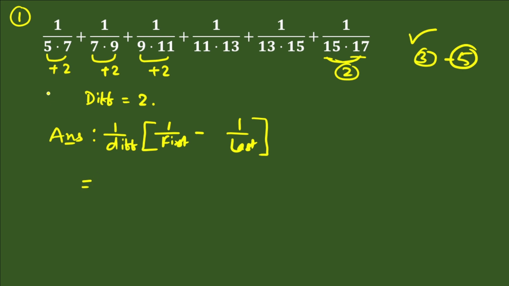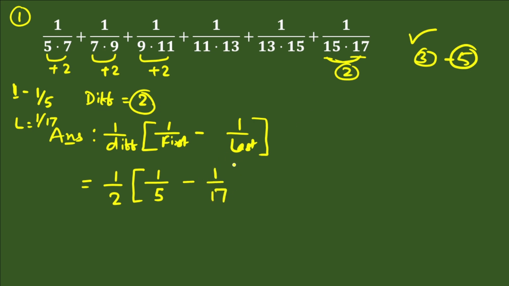So here the first term is 1 by 5, and the last term is 1 divided by 17. So the answer of this problem will be 1 divided by difference, here 2, so 1 by 2 multiplied by 1 by 5 minus 1 by 17.